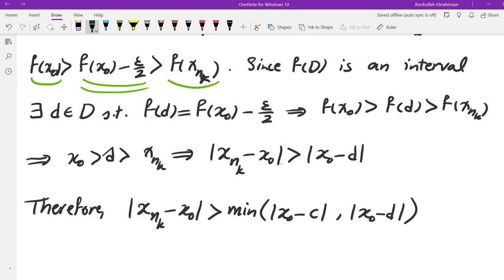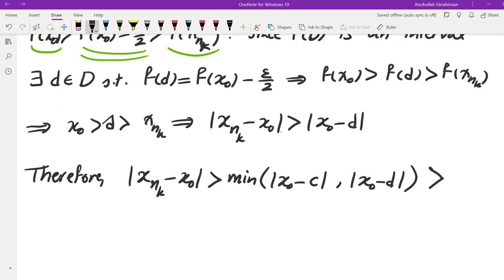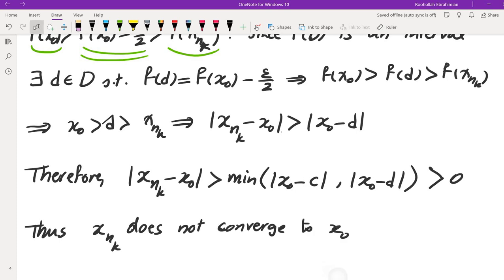In one case it was more than x0 minus c, and in the other case it was more than x0 minus d. And this is a positive number. Thus x_nk does not converge to x0.